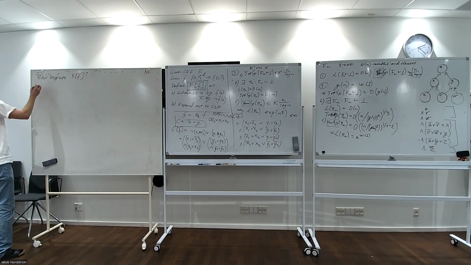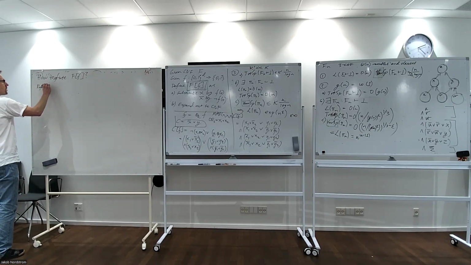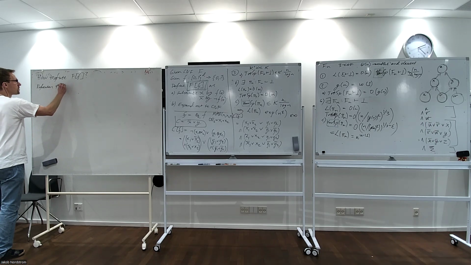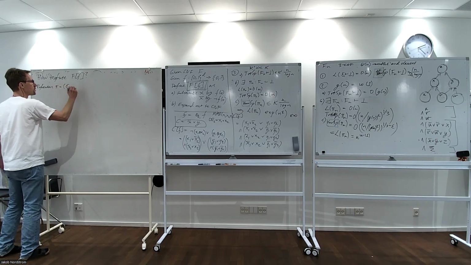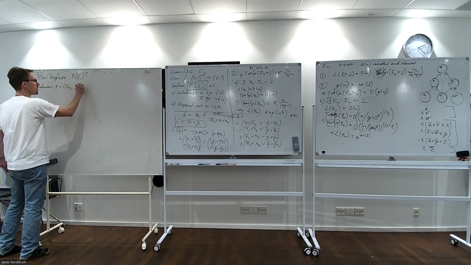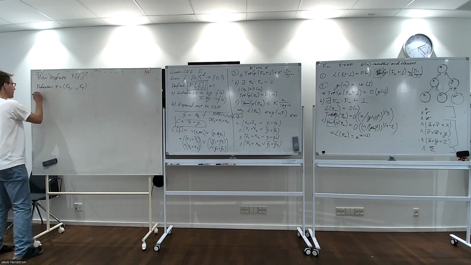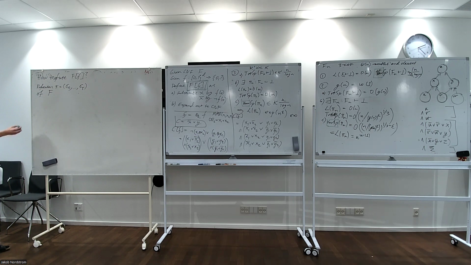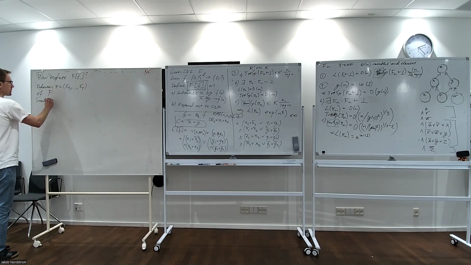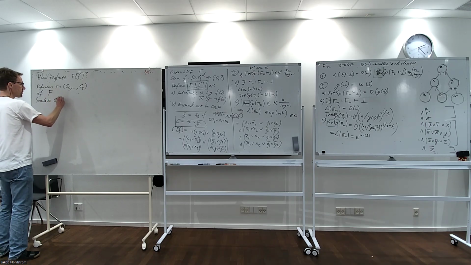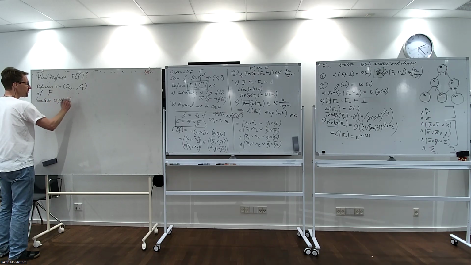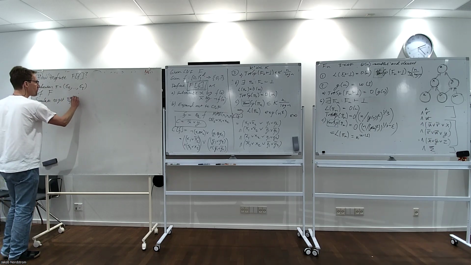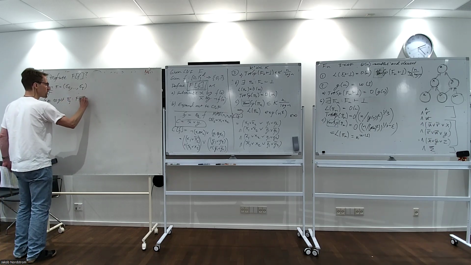Okay, so we have a refutation pi of F. And we could just simulate it to get a refutation pi sub F of the substituted formula.